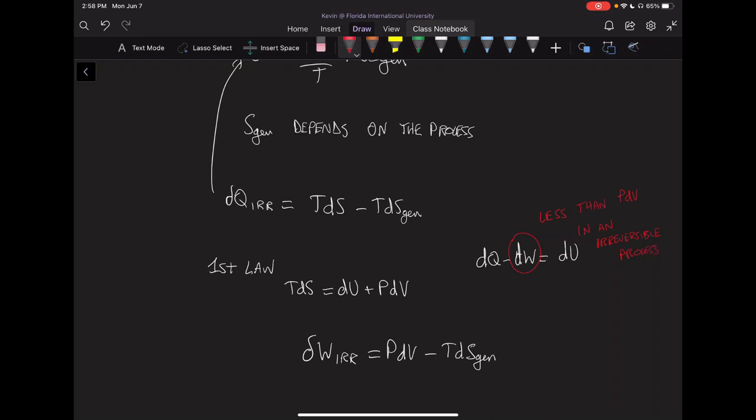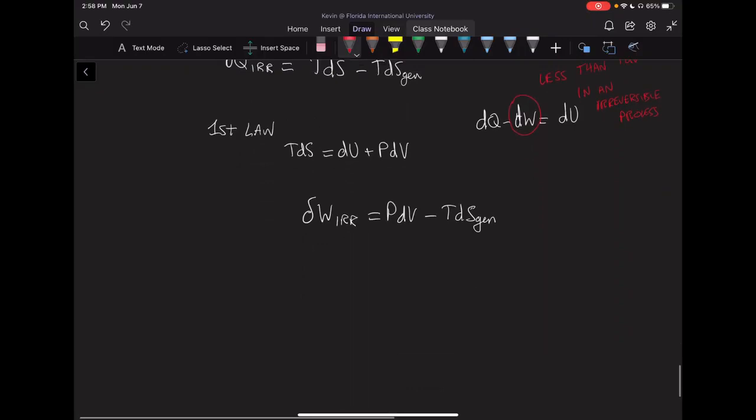So when we have an irreversible process, our first law is essentially written as follows. It's written as dq irreversible is equal to dU plus dW irreversible.